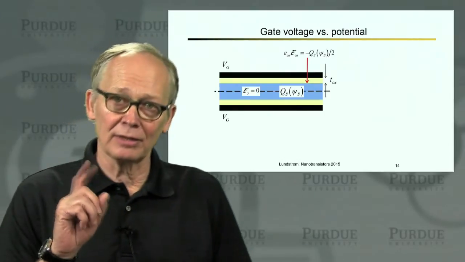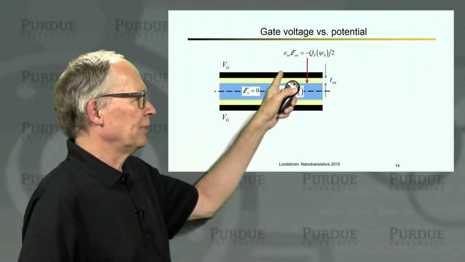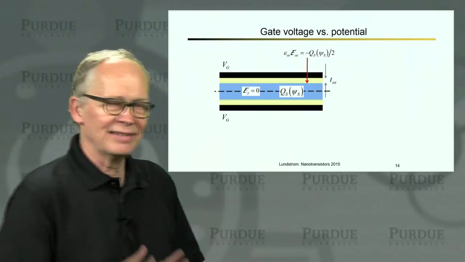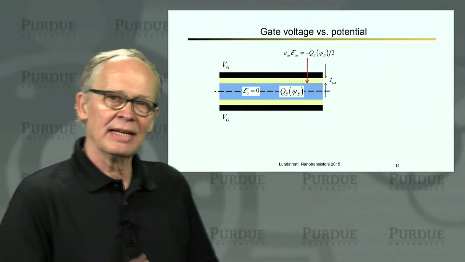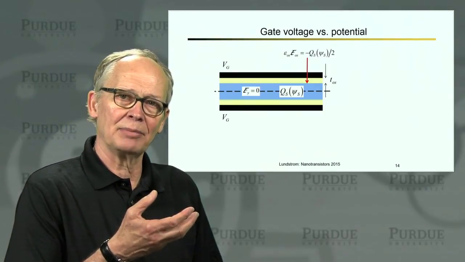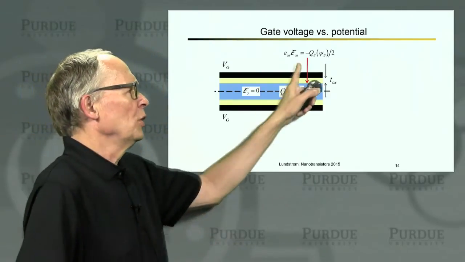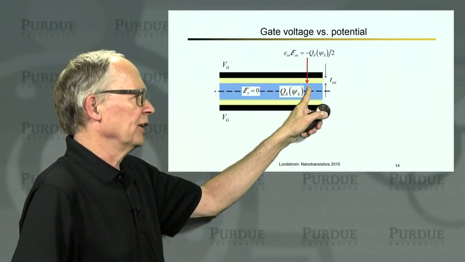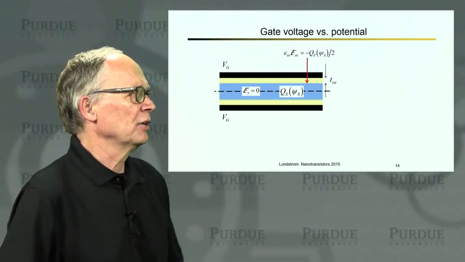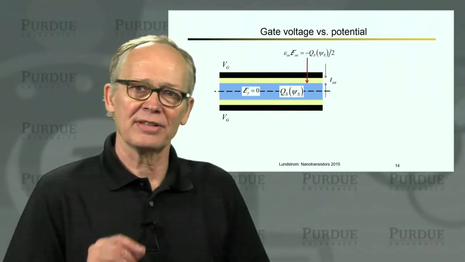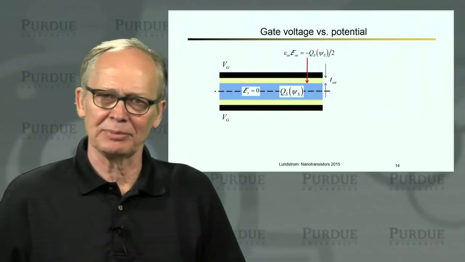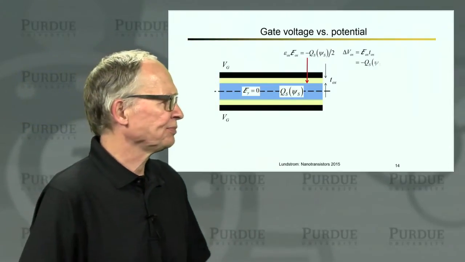We have to be a little bit careful because we have a top gate and a bottom gate. The negative charge in this silicon layer, half of it is going to image on the top gate and half of it is going to image on the bottom gate. So when I apply Gauss's law here, I should only make use of half of the charge, the half that is imaged on the top gate. Same thing will happen on the bottom.